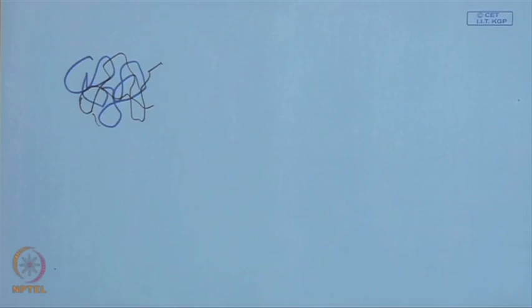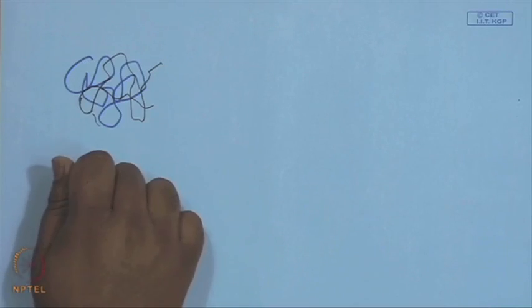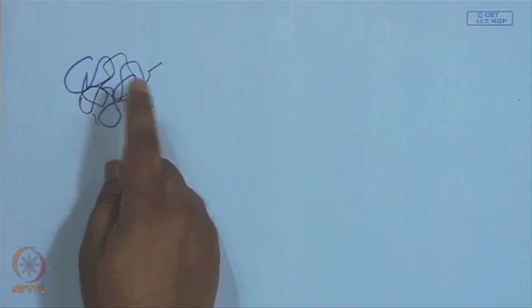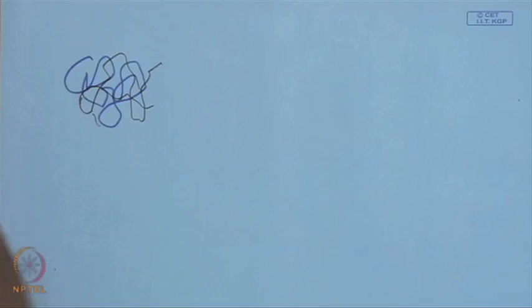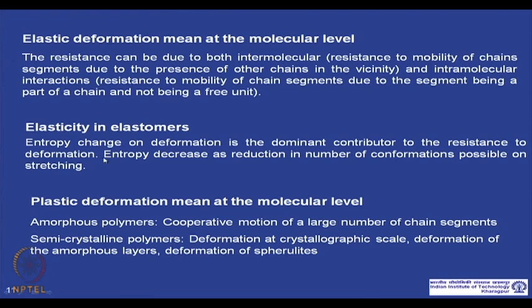If you want to stretch or deform it, these conformational entropies are lost. When you release the stress, to gain that conformational entropy, it comes back to its original state. So entropy change on deformation is the dominant contribution to the resistance to deformation in an elastic material.